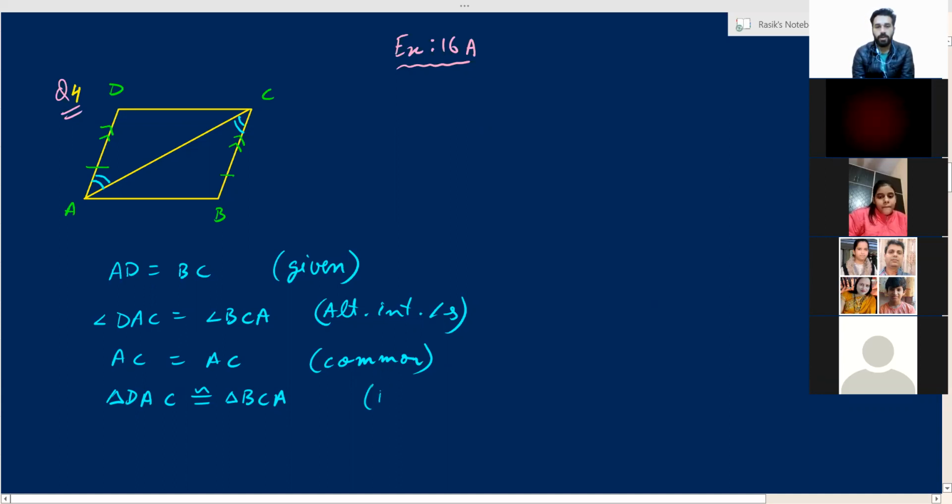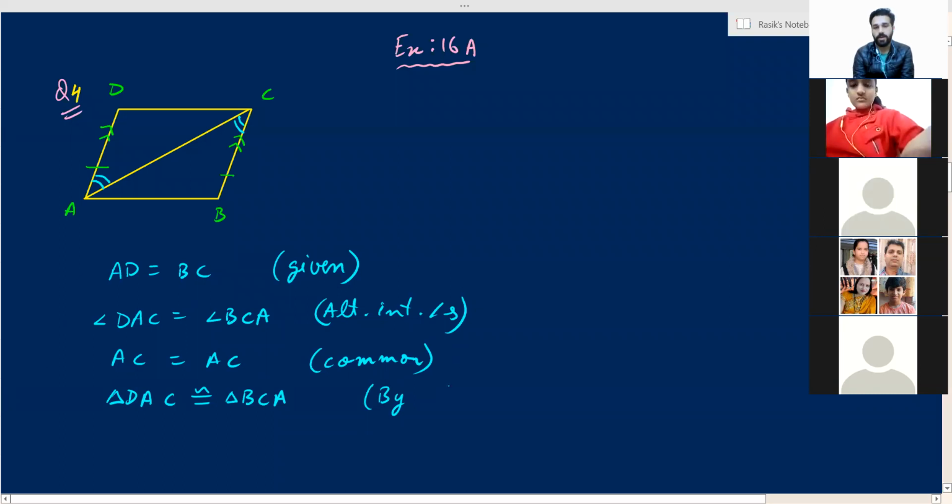Tell me the rule. By which rule? Three things. What is the first thing? Side. Second thing, angle. Third thing, side. So side, angle, side rule. AD is a side, angle DAC is an angle, and AC again is a side. So by side, angle, side rule, we can say that the two triangles are congruent.